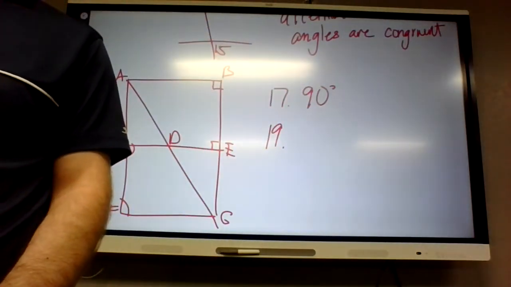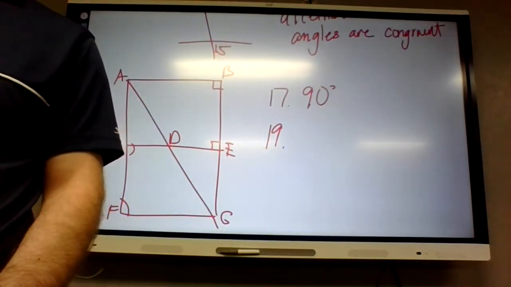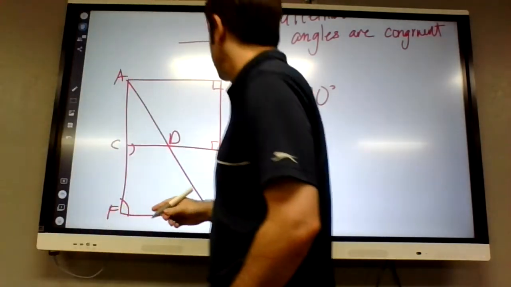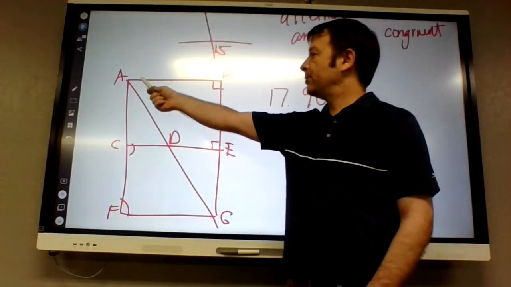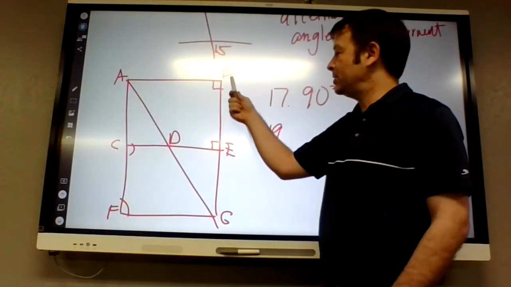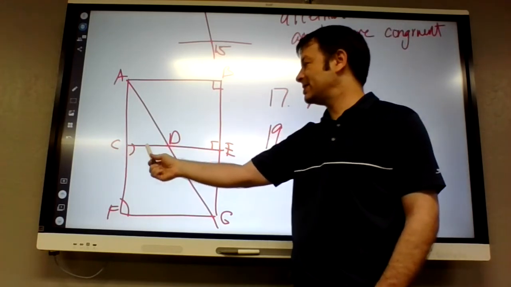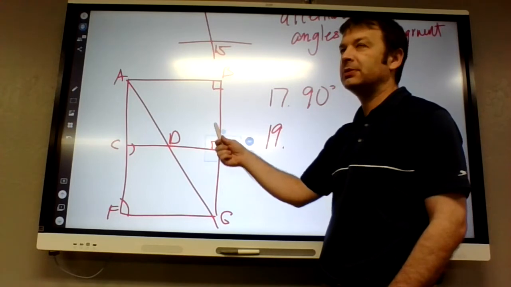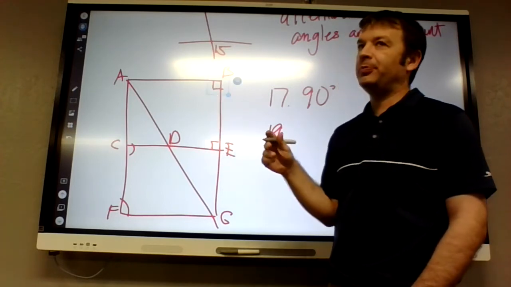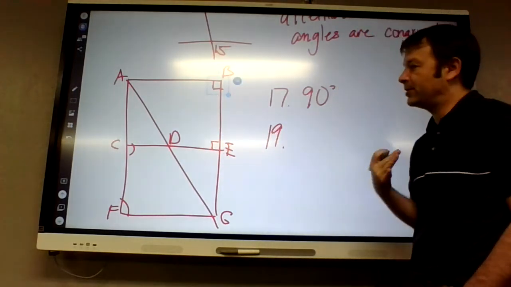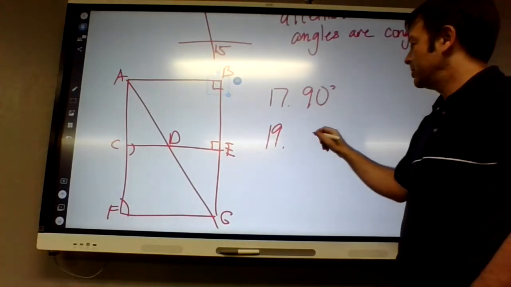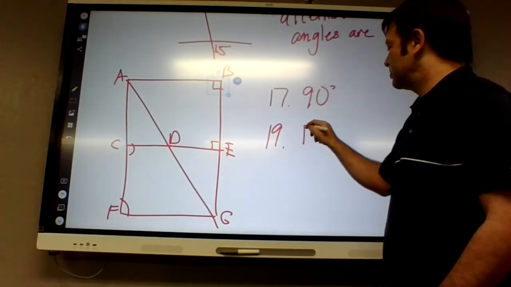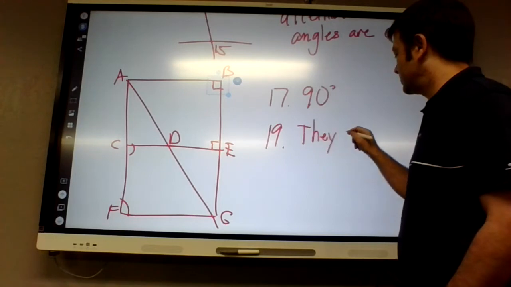How do we know line segment AB is parallel to line segment CE? Because they are perpendicular to the same line. That's one of the theorems I talked about.